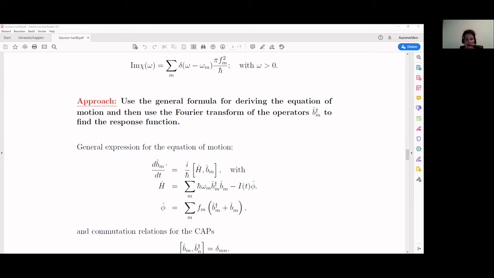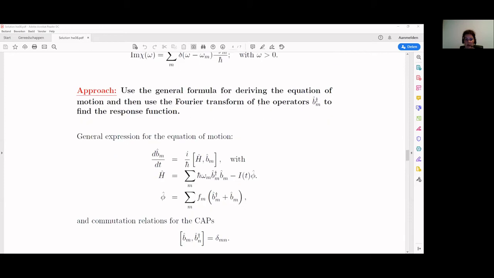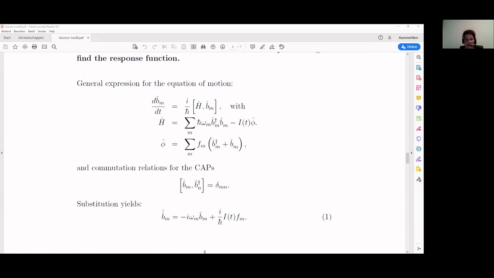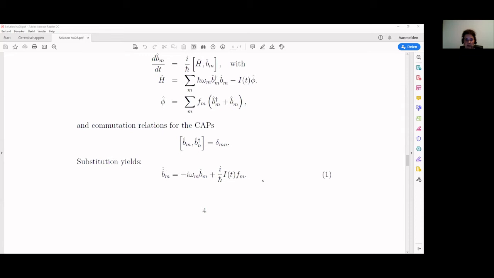And if I apply it to the operator Bm, and I use as Hamiltonian the given Hamiltonian over here, then substituting everything in here and using commutation relations, again, you have to do some manipulation of the operators in this equation, and use the commutation relation for Bm and Bn dagger, then you should come out with the right result, hopefully.